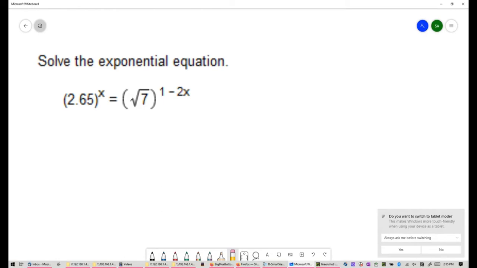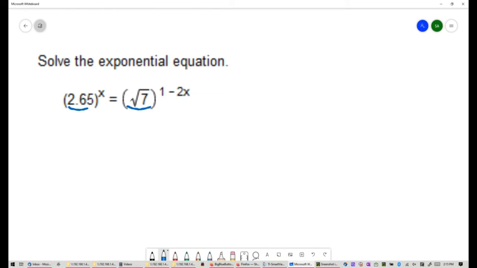So at first glance, you might think that you are able to make the bases the same, because if you were to type square root of 7 in your calculator, it is approximately 2.65. So they're not exactly equal, but they are pretty close to each other.